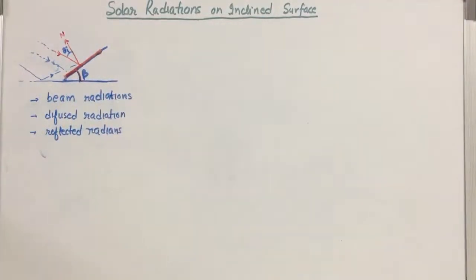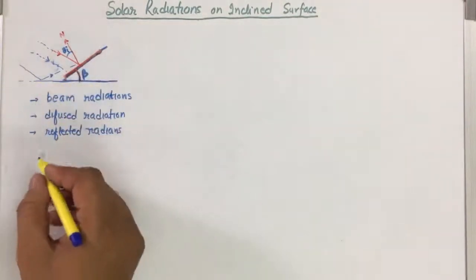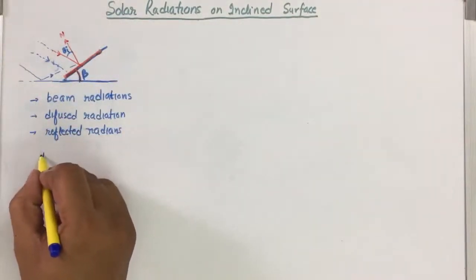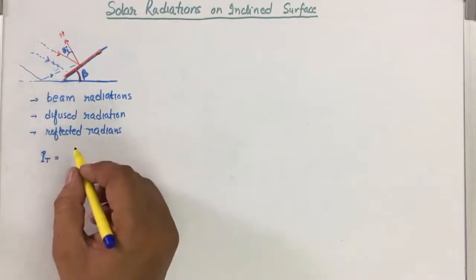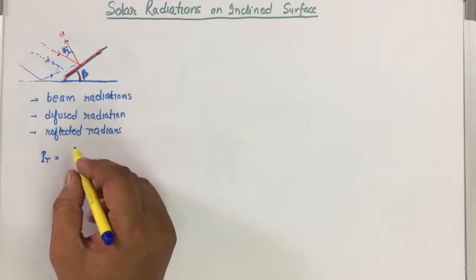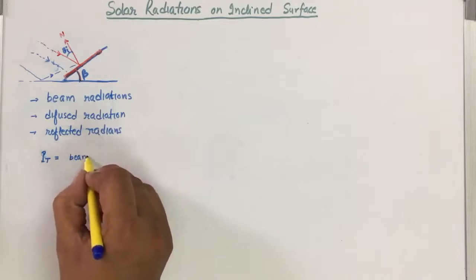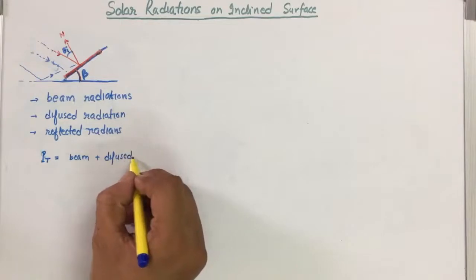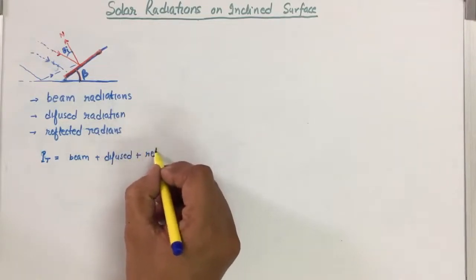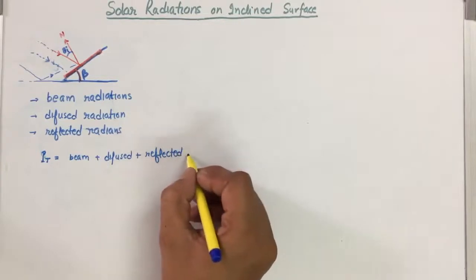So at any inclination, the total radiation is the sum of beam plus diffused plus reflected radiations.